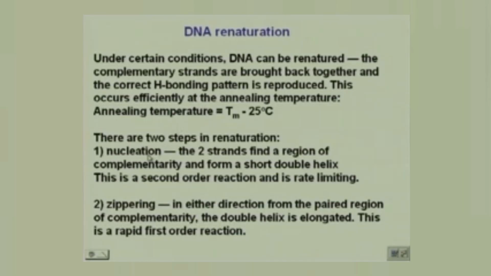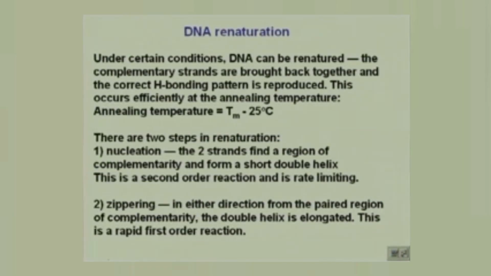First, there is a nucleation. This nucleation is where the two strands find a region of complementarity. And then they form a short double helix. Then there is zippering in either direction. From the paired region of complementarity, the double helix is elongated.